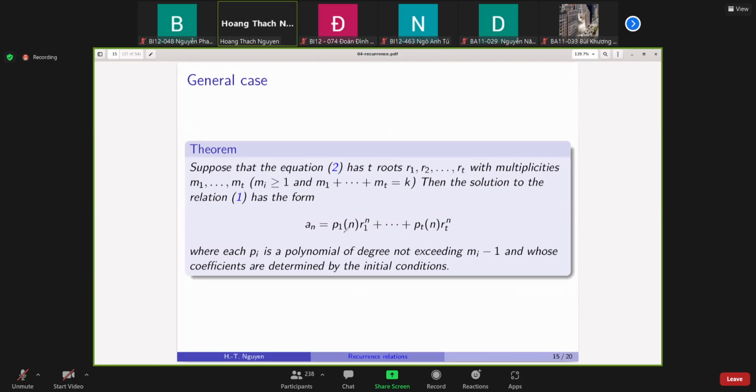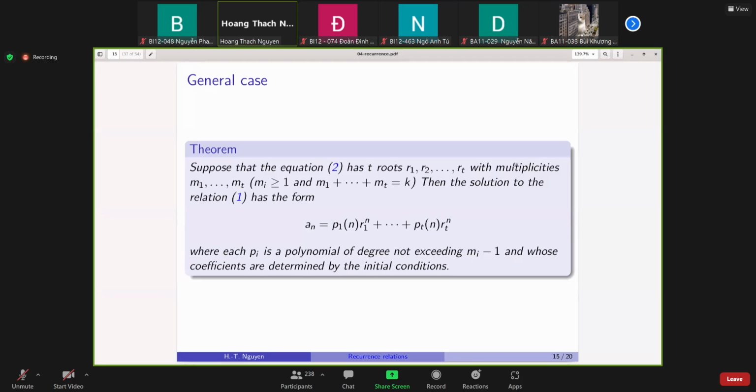So this you do not need to know by heart. The important thing is to remember that the degree of each polynomial is determined by the multiplicity of the corresponding root. Of course, we will not do many exercises involving this result, but it is included here for the sake of completeness.